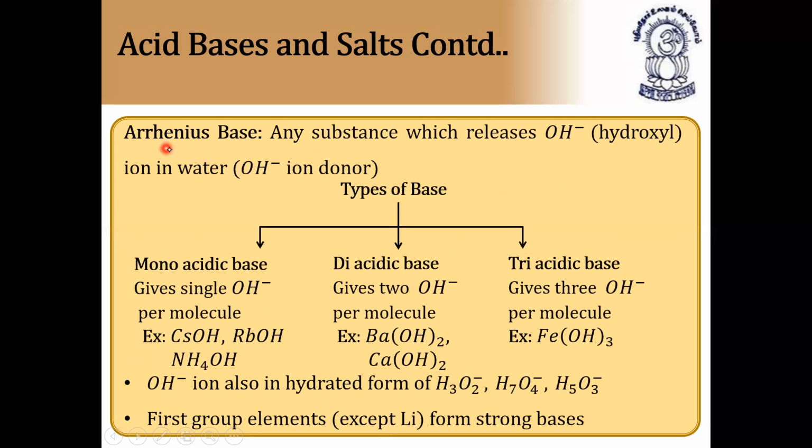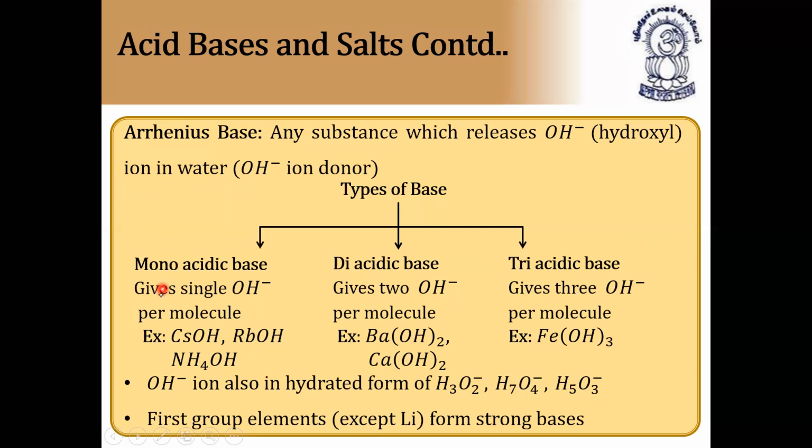Next, what is an Arrhenius base? According to Arrhenius theory, any substance which releases OH minus ions, hydroxyl ions, in water is said to be a base. We have monoacidic bases, which give only one OH minus ion per molecule when dissolved in water. Examples: cesium hydroxide, rubidium hydroxide, sodium hydroxide, ammonium hydroxide, potassium hydroxide, etc. Diacidic bases give 2 OH minus ions per molecule, like barium hydroxide and calcium hydroxide.